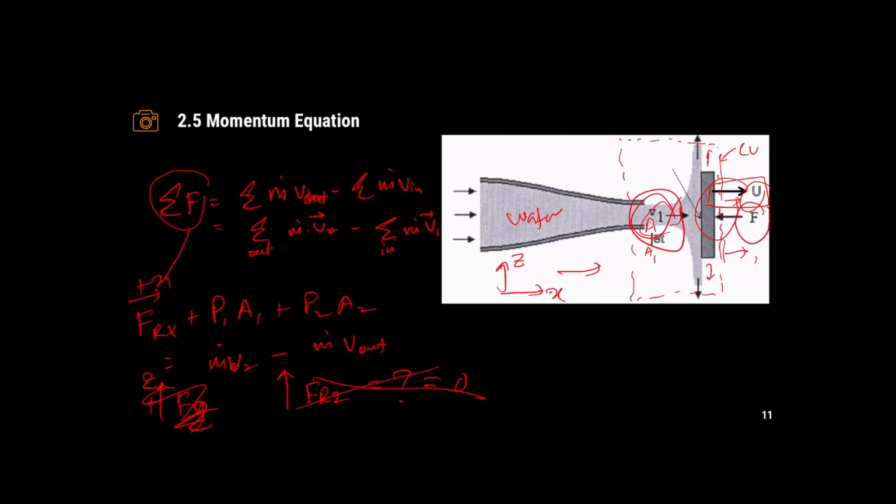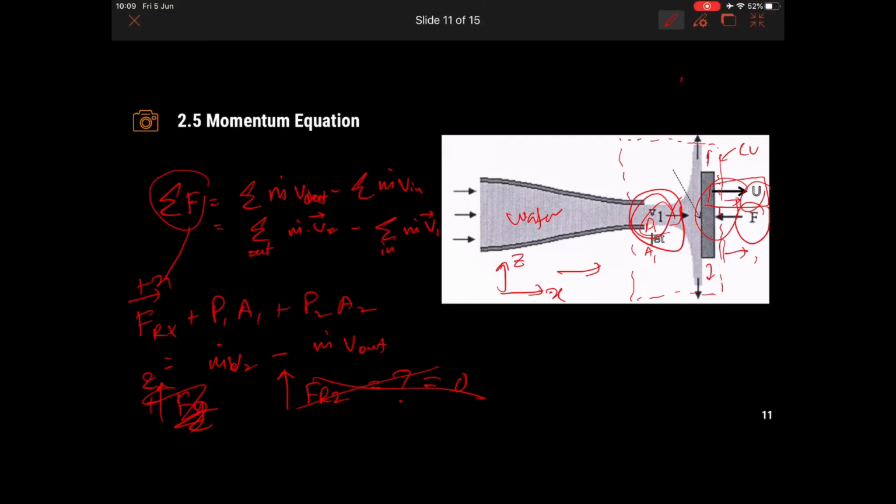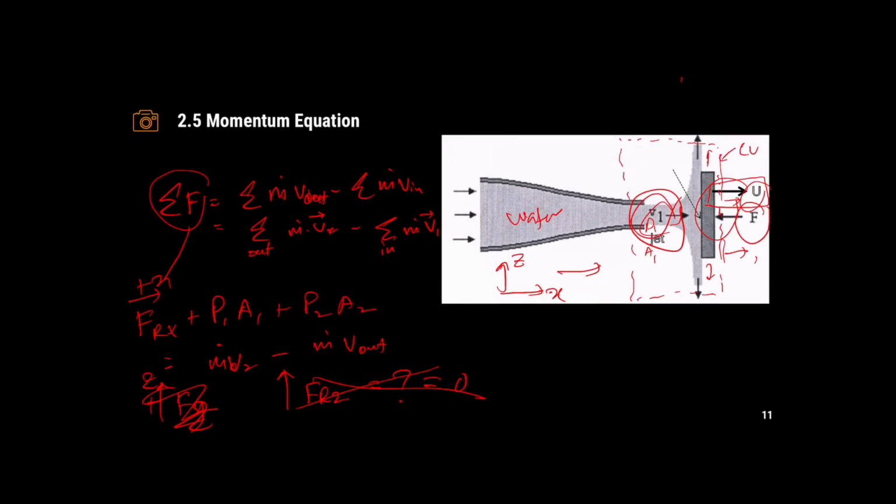And the second thing, you can still simplify this, actually in the previous example also. Sorry, this one should be V in, and the direction should be V out. So if this plate doesn't move, then V out becomes 0, so you can take it out.